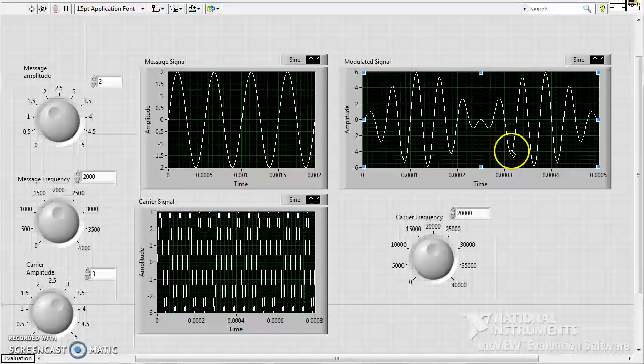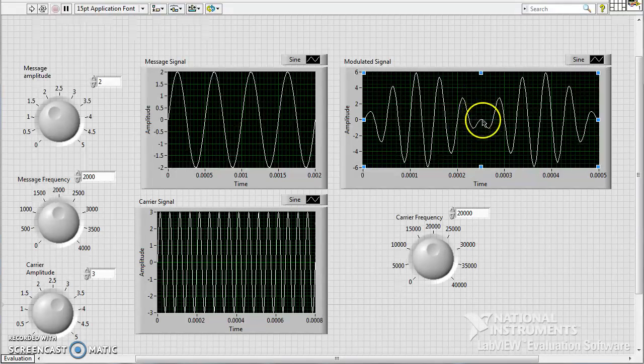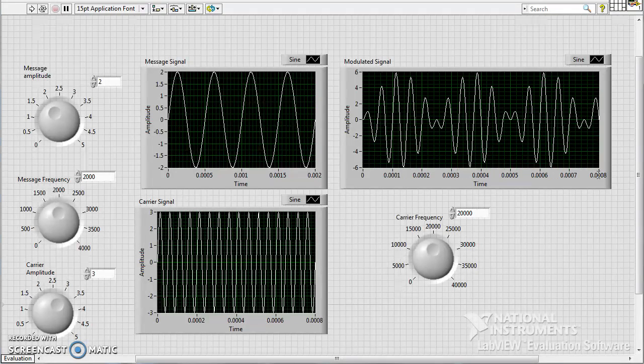Yeah, you can see this phase shift. Let me go up and check one more phase shift. So you have phase shifts at every zero crossing of your message signal.